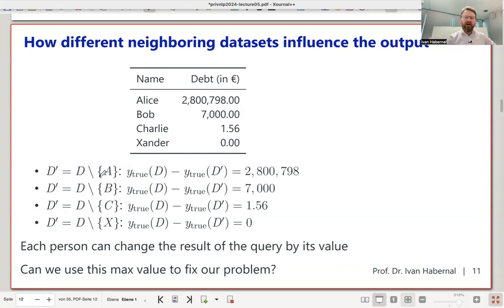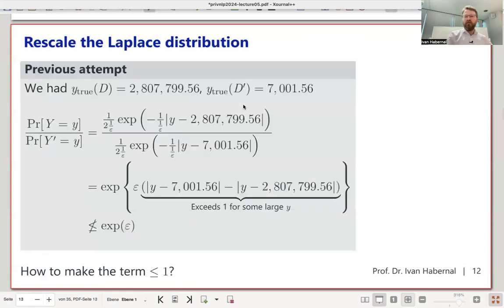So can we use this max value? This max value is determined by this very particular data set. It would be different for maybe another data set or another bank, so to say. For this particular bank, this max value would actually fix our problem. And so this is again recalling the previous attempt.